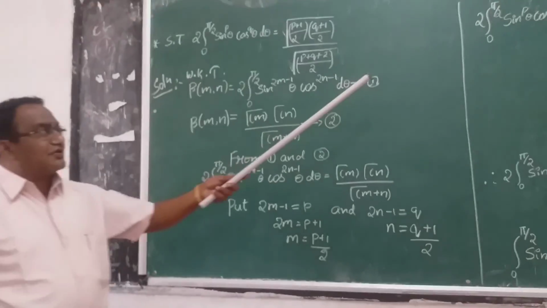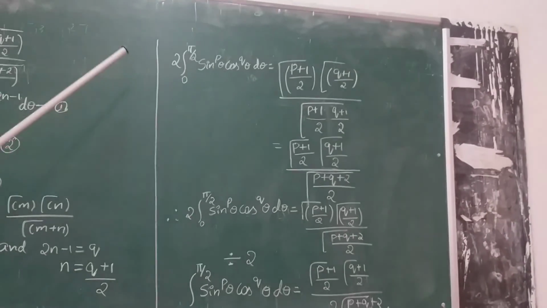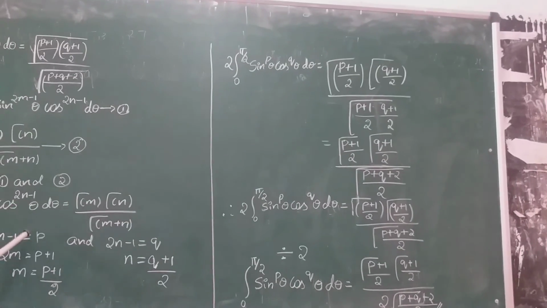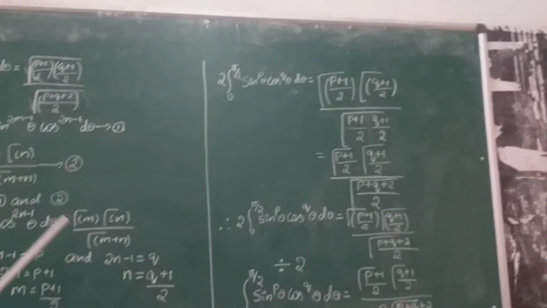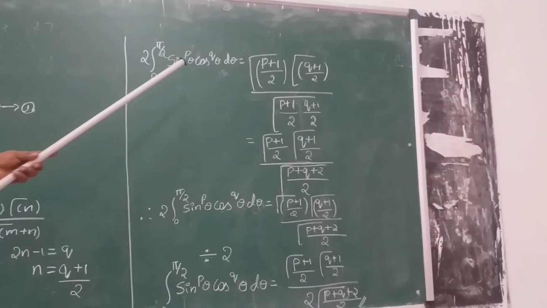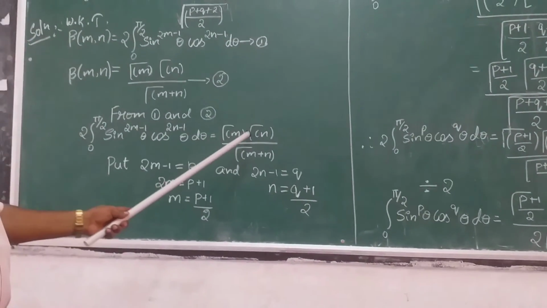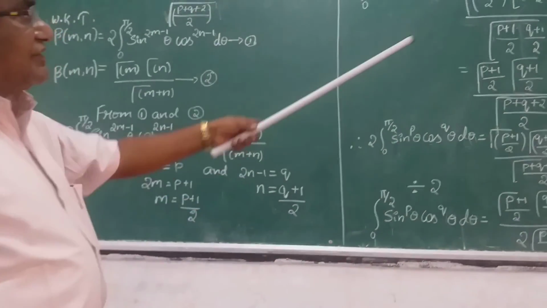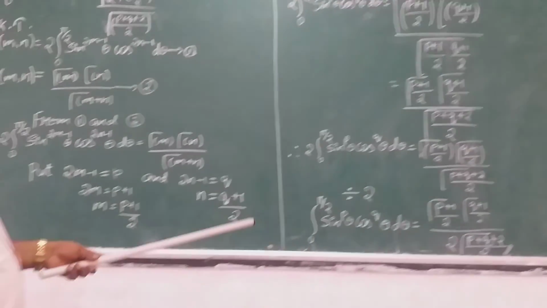Substituting these values here, the above result becomes 2 times integral from 0 to pi by 2, write it as it is, sin to the power p theta, where 2m minus 1 has been taken as p, into cos to the power q theta, where 2n minus 1 has been taken as q, d theta, is equal to, see the right hand side, gamma m is gamma of (p plus 1) by 2 into gamma n is gamma of (q plus 1) divided by 2 whole divided by gamma of (m plus n).